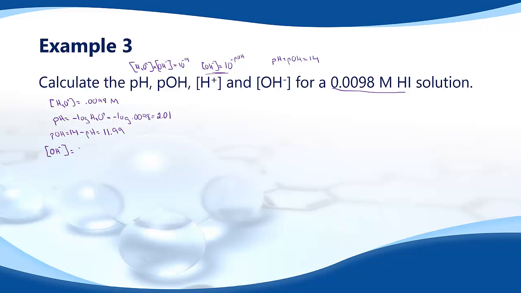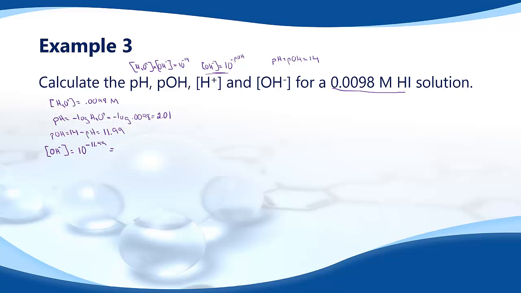Right, so this is going to be 10 to the negative 11.99. Now, please do me a favor and don't be lazy. I want you to give me an actual numerical answer to this. Don't leave it in exponential form.